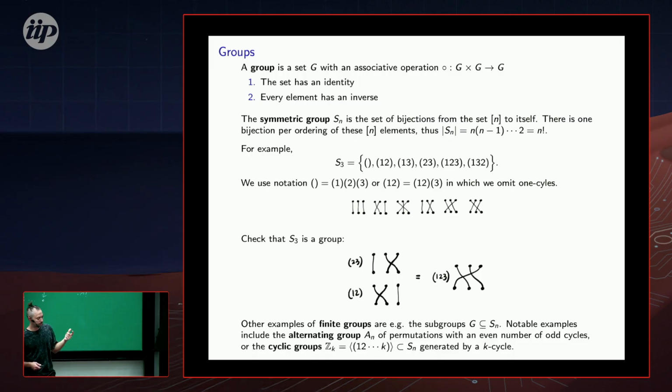You take a single, let's say, k-cycle, and you take products of it with itself. You wrap around a set of order k, which is the different powers of it. So if you take a k-cycle to the power k, you return to the identity, and it's a closed subset of order k and a subgroup, and it's abelian. Any questions here?